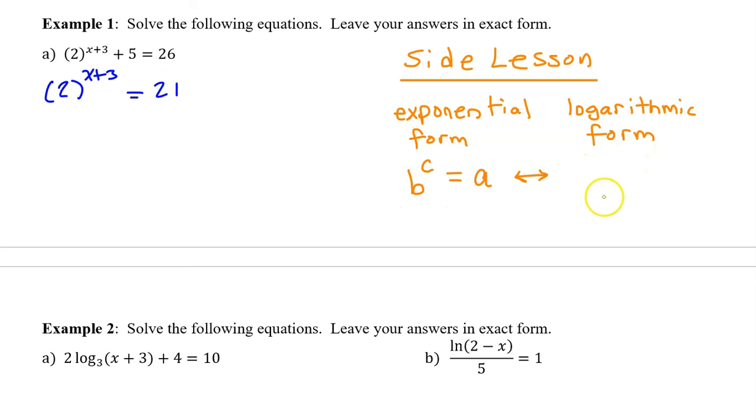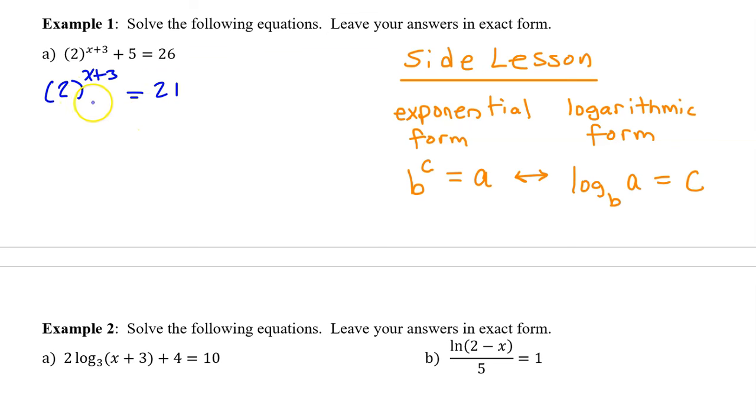Here the base is b, so we will begin with log base b, writing that base as a subscript. The other two numbers, variables, switch sides of the equation. So the a ends up over here on the left, and the c ends up over here on the right.